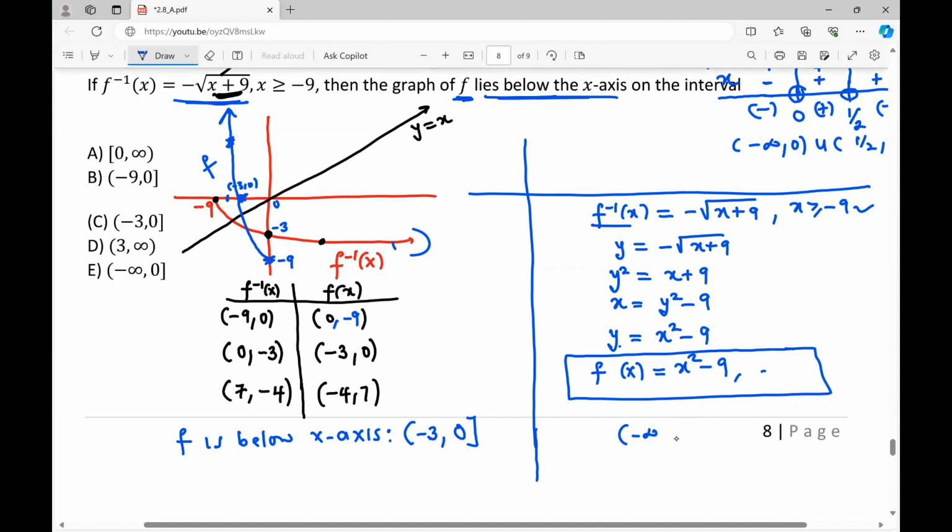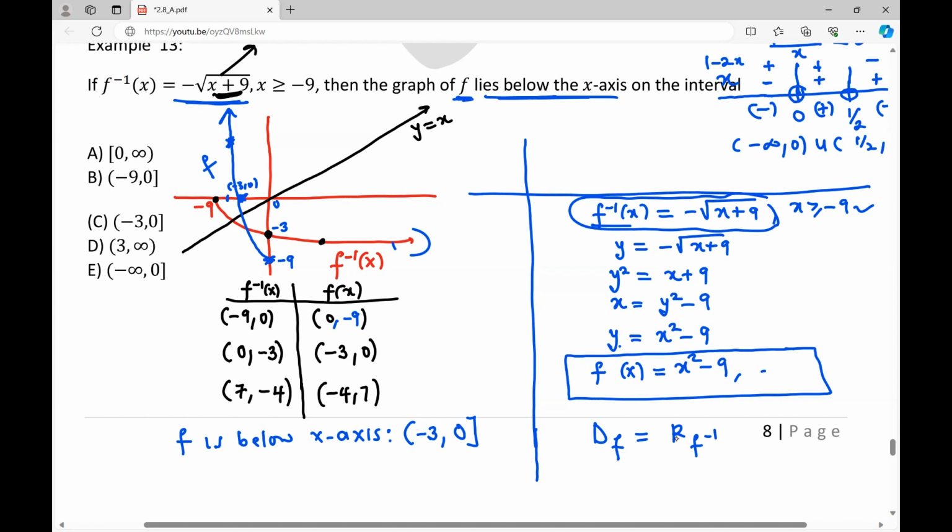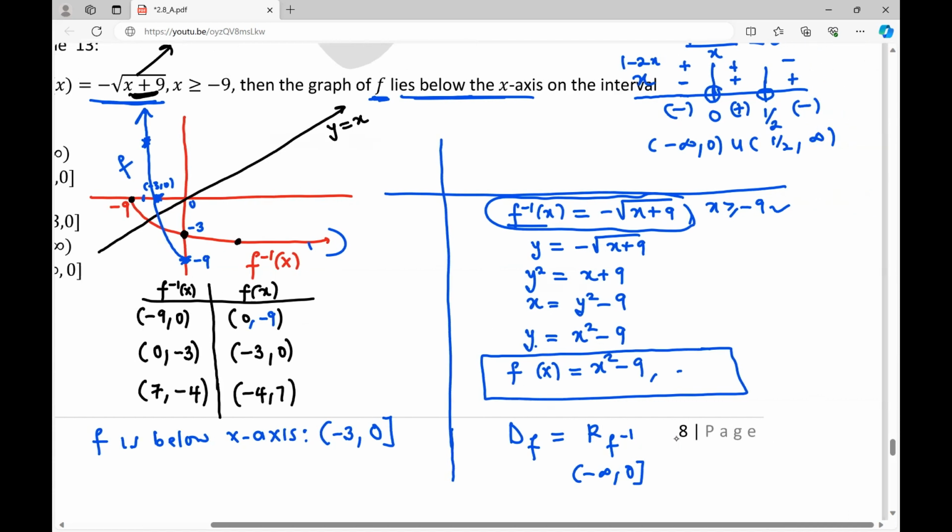Let me write this down. We know that the domain of F is going to be the range of F inverse. So you need to know the range of this function, and the range is nothing but minus infinity to 0 closed. You can use the graph to see it, the red one, or you can do it analytically. When you have a function like this, x plus 9 under the root will definitely be greater than or equal to 0, always true because it's an even root.